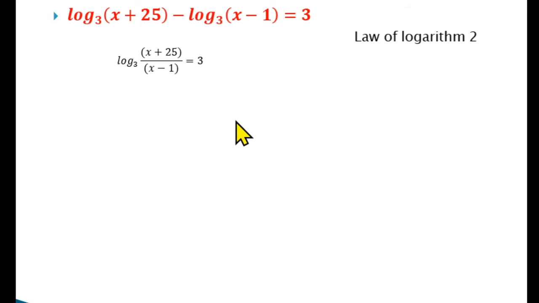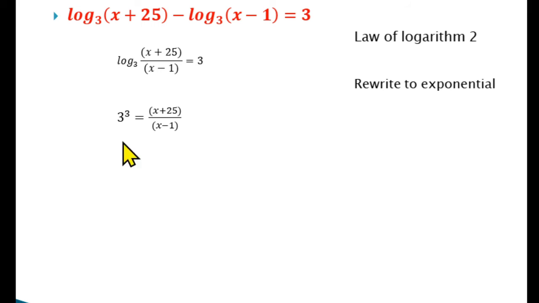Next is to rewrite this expression into exponential form. We have 3 cubed equals the quantity x plus 25 all over the quantity x minus 1. 3 cubed is equal to 27, so we get 27 equals the quantity x plus 25 all over x minus 1.